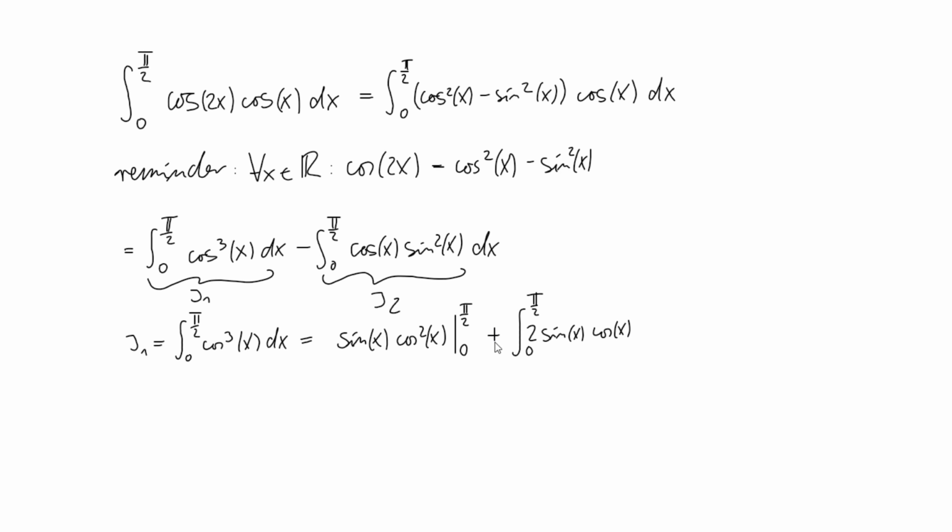So we can write here plus and then put here a sine squared dx. So maybe let's have a look at the left side. If we plug in pi over 2 into this term, we get that cosine of pi over 2 is 0, so this is just 0.